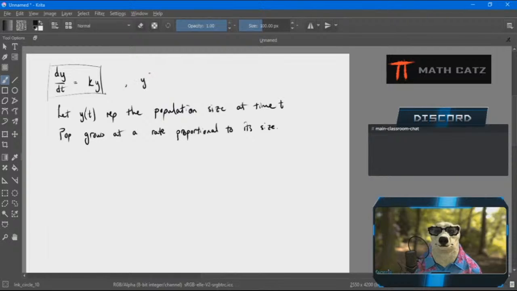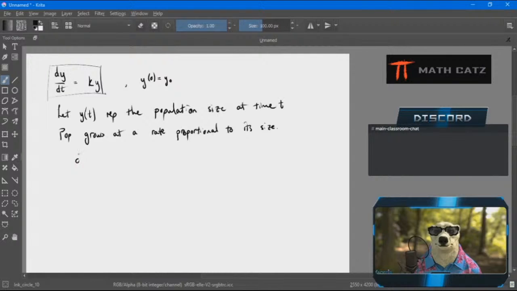I also want to know how many I have in my population originally, my initial population size, and between the two we can solve that differential equation and find the function that describes how the population grows.